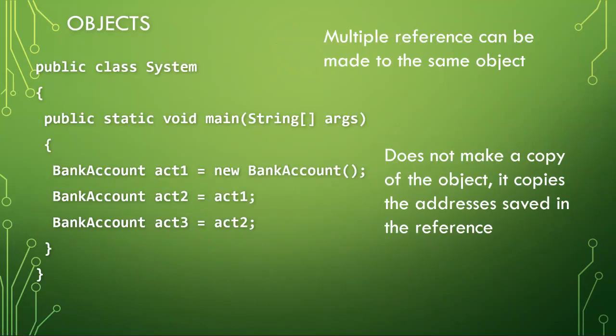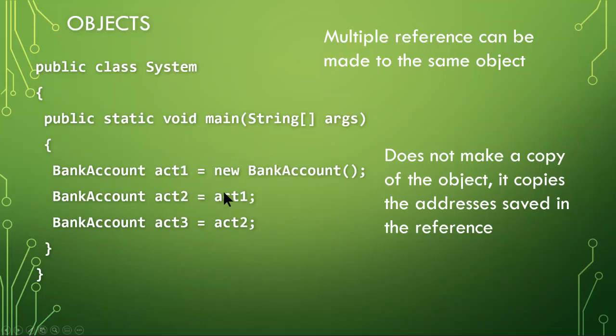So here's an example of having multiple references to the same object, which does happen. You do it sometimes in your small code, but it's going to be bigger for these linked structures. This example is showing, okay, I have 3 different object references, so act1, act2, act3. And then right here, act1, first line is making a new account. So this will make a new object and store it in memory and store the address in here.